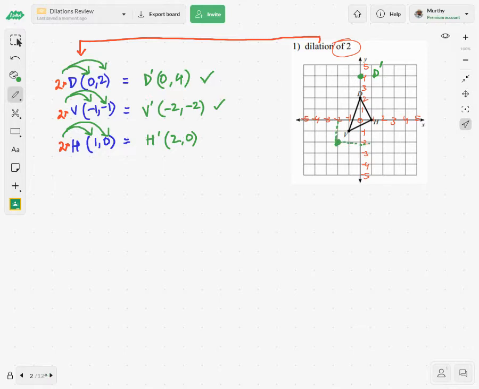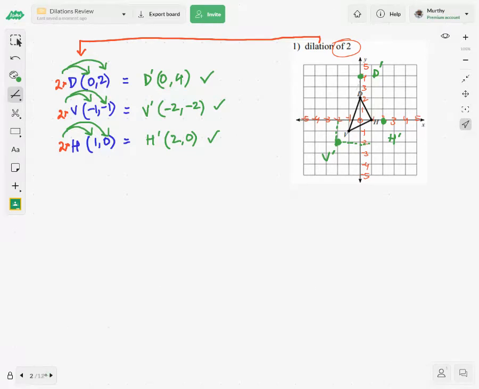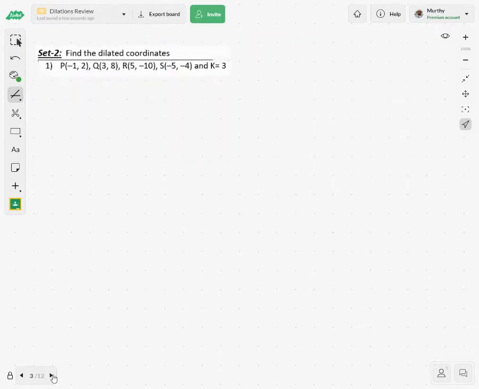So these two are meeting at this one, so it is V prime. Next, H prime 2 comma 0, you know how to plot. This is H prime. At the end, you join all these points, D prime, V prime, and H prime. Then you get the dilated triangle.